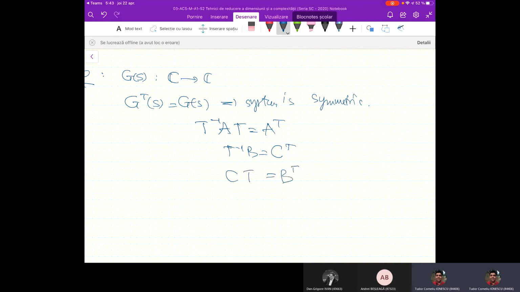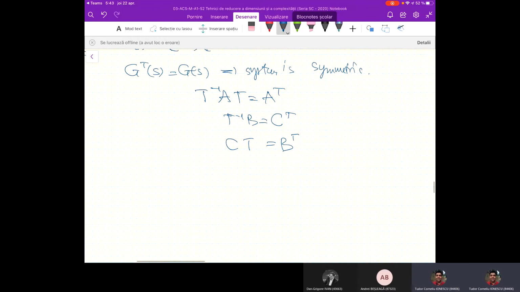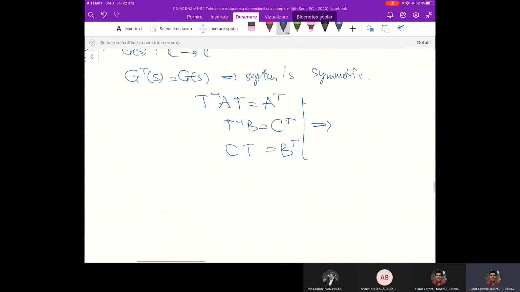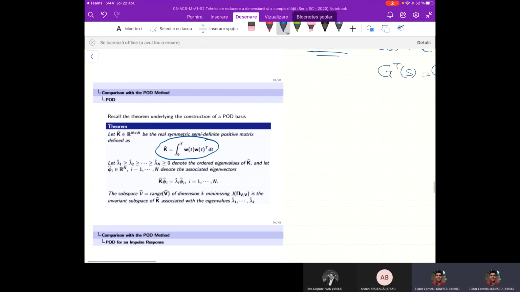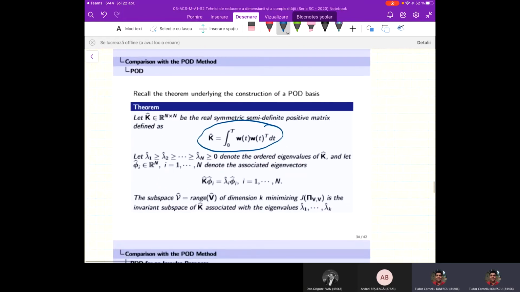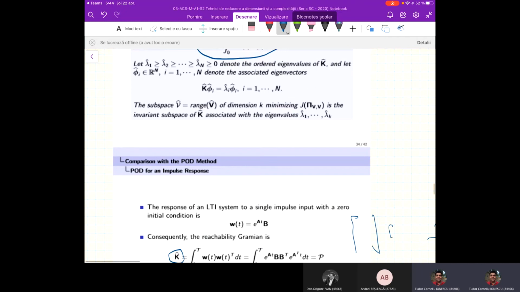So this is a symmetric system. In this case, the controllability and the observability Gramians are also symmetric to one another. And then it's relevant to compute balanced truncation for only one Gramian instead of two. So the case of symmetric systems also simplifies the balanced truncation procedure.